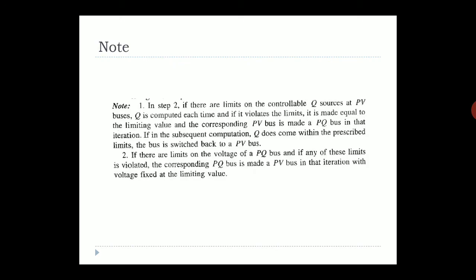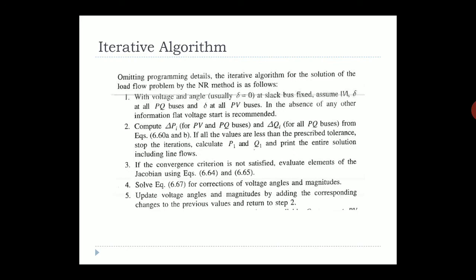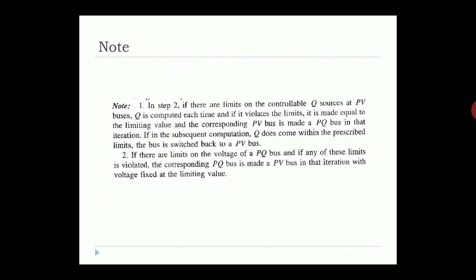There's something to note here. In step 2, that is, in the computation of delta P and delta Q, if there is a limit to the controllable Q sources at PV buses, the Q is computed each time, and if it violates the limit, it is made equal to the limiting value, and the corresponding PV bus is made a PQ bus in that iteration. What does this mean?